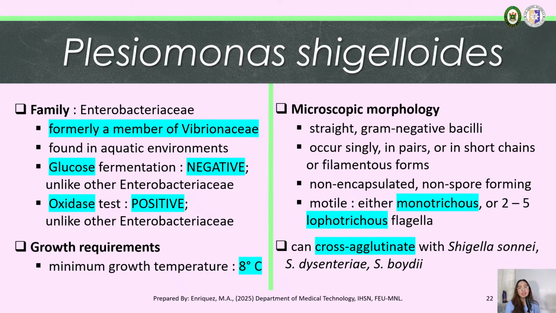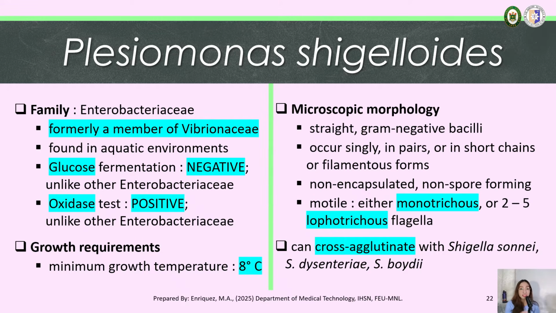Now, they have a monotrichous flagella, or they could also have up to 5 lophotrichous flagella. Its antigens could cross-agglutinate with Shigella sonnei, Shigella dysenteriae, and Shigella boydii, which is most probably why it was named Plesiomonas shigelloides, all right?